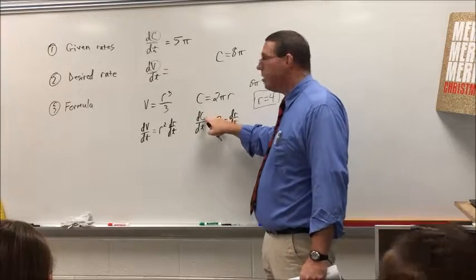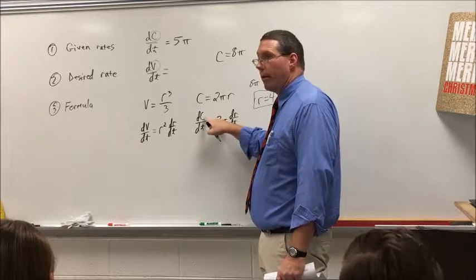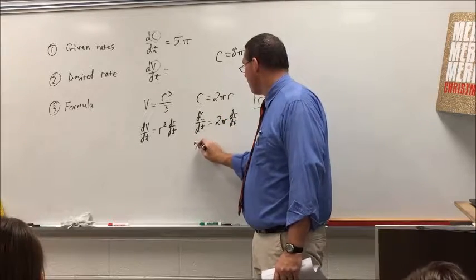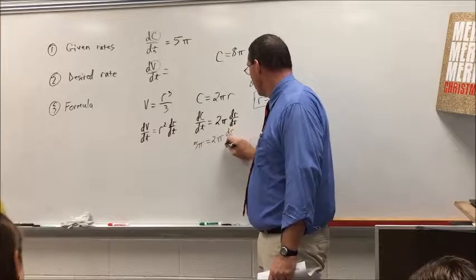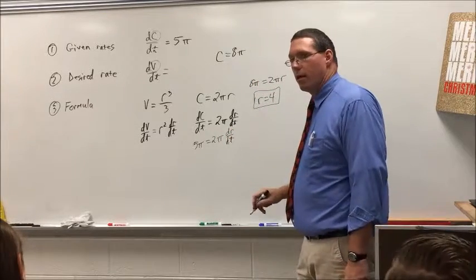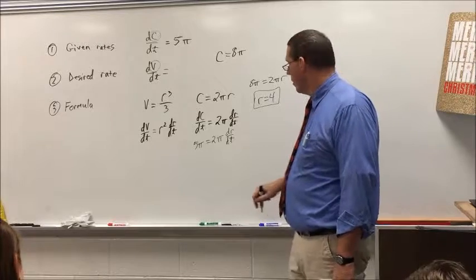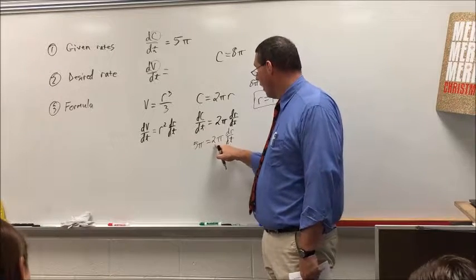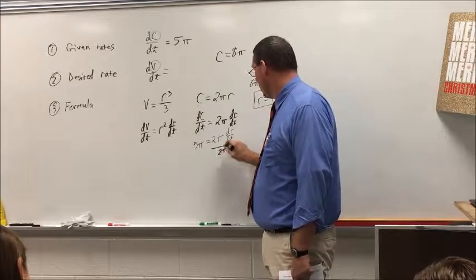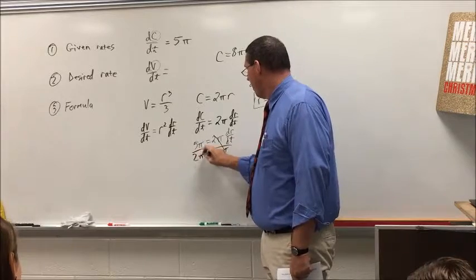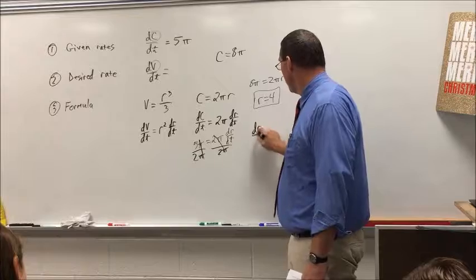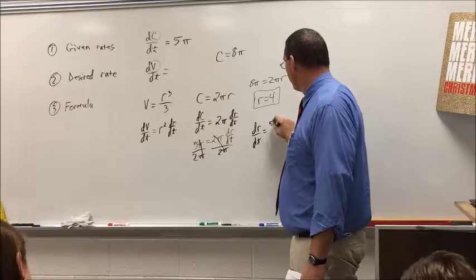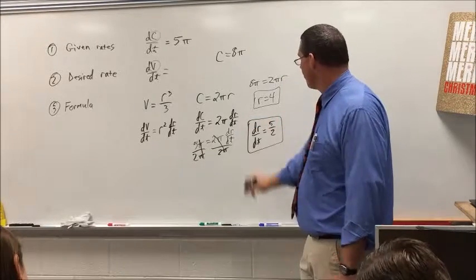Do we know dC/dt? What is it? 5 pi. So 5 pi equals 2 pi dr/dt. That's 2.5. Yes, because we divide by 2 pi on both sides. The pi's cancel and we get 5 over 2. So dr/dt is 5 over 2. We have everything we need now.